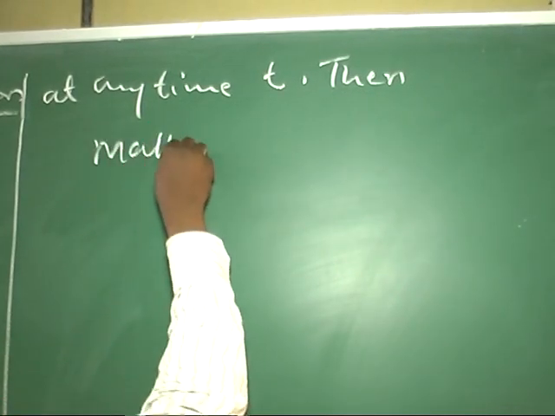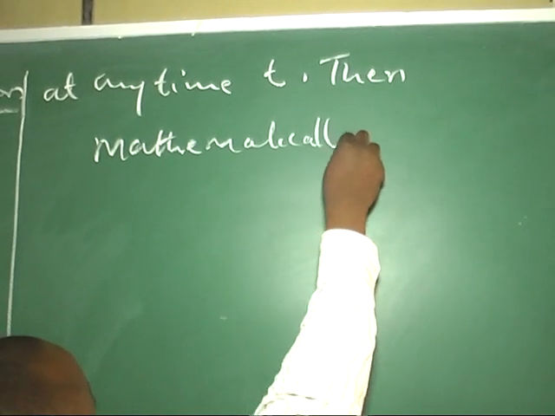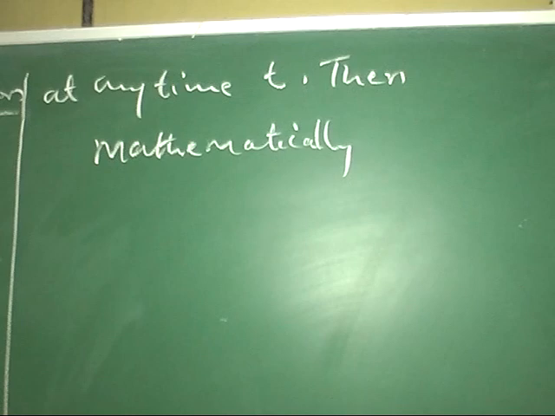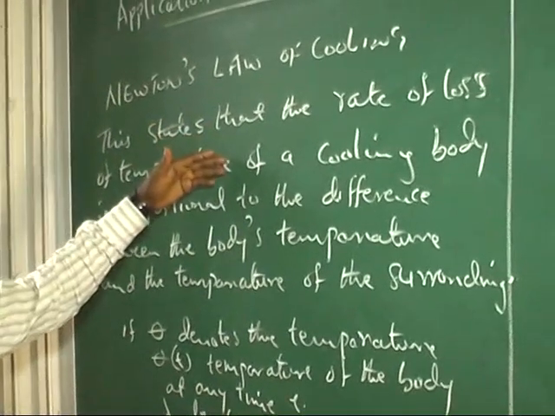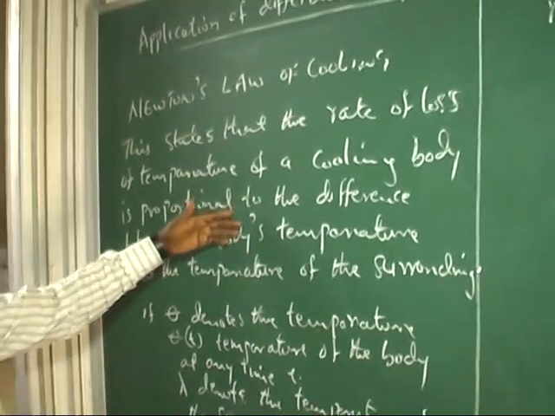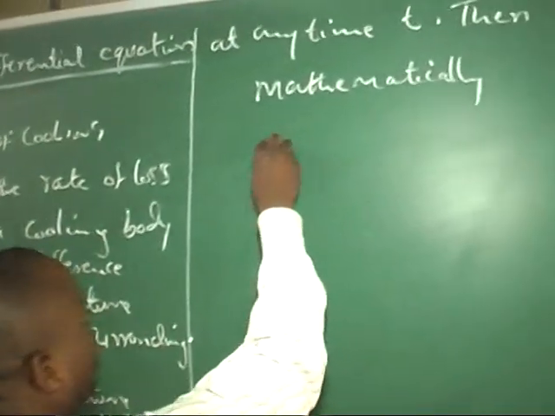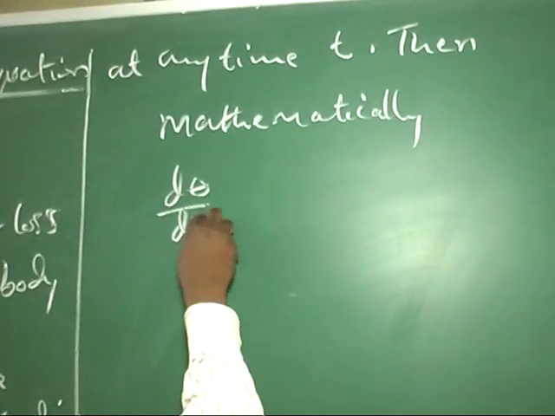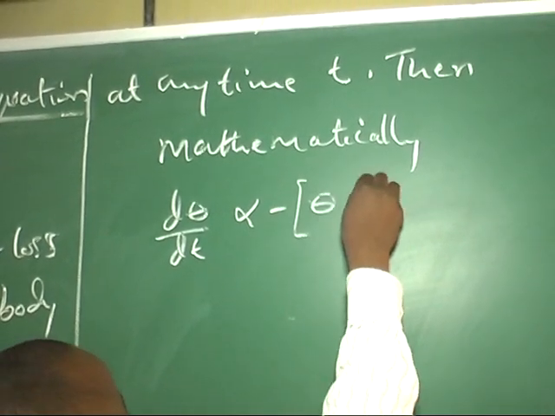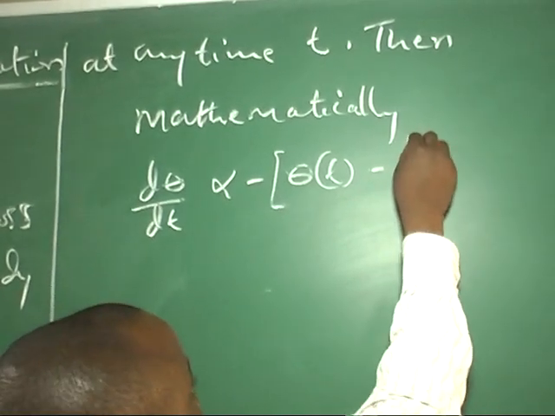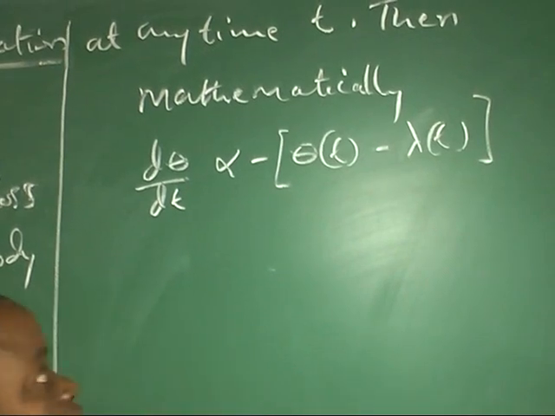Then mathematically, the statement, this law that we are stating, could be written as d theta dt is proportional to theta of T minus lambda of T. That is what it means.